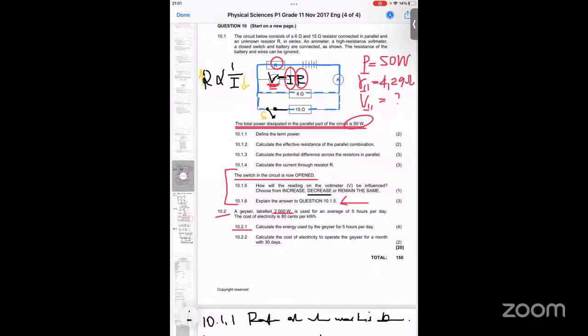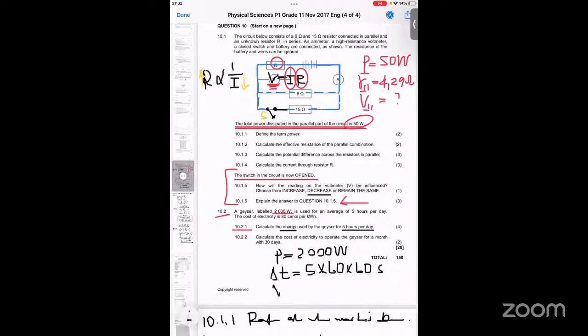Work and energy refer to one and the same thing. So you do know what the power is, which is 2000 watts. What else did they talk about? Time, where they said 5 hours per day. So you've got your change in time, equal to 5 hours, which you might need to convert to seconds, where you multiply by 60 to take it to minutes, another 60 to take it to seconds.